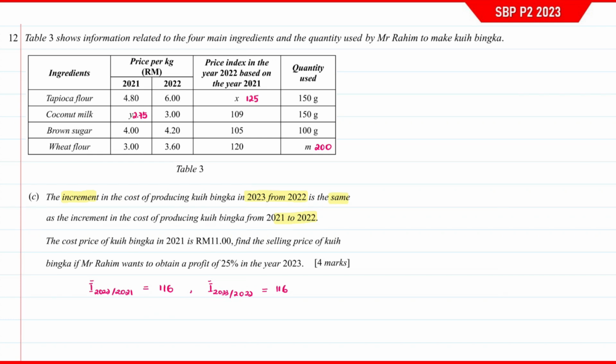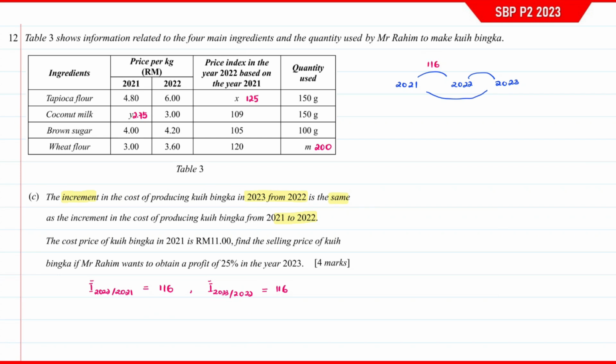So from here we can find the composite index in the year 2023 based on 2021 using the SMART formula. So here the 3 years involved will be 2021, 2022 and 2023.